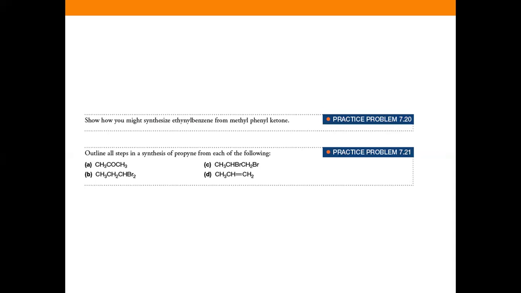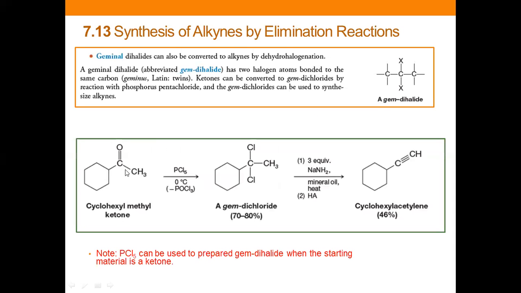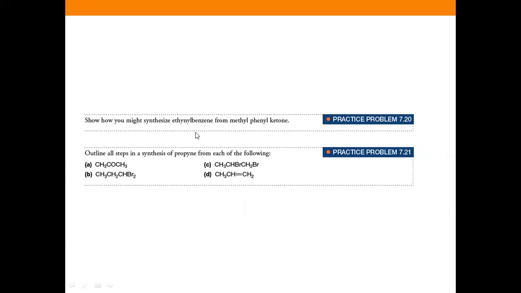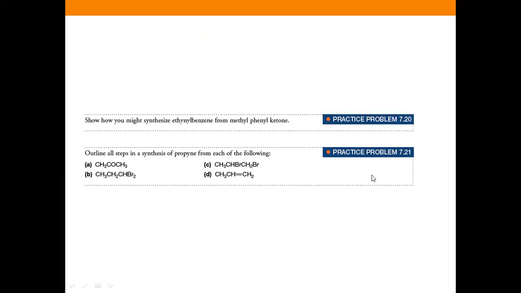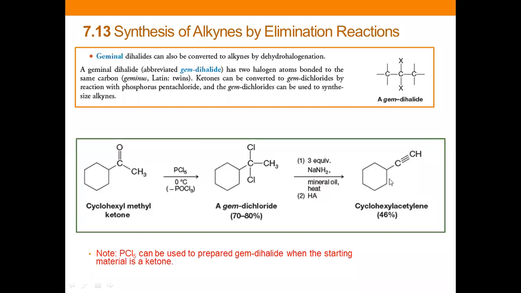So you'll get C triple bond CH here. The first step is to convert that ketone with the ring here. You will get your geminal dichloride with a ring here, and then you can proceed with this reaction. You actually get this ethynylbenzene. So you have a benzene ring, C triple bond CH.